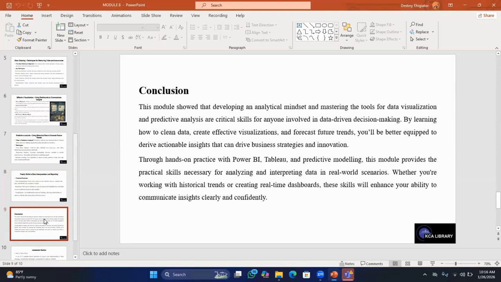Now, in conclusion, this module showed that developing an analytical mindset and mastering the tools for data visualization and predictive analysis are critical skills for everyone involved in data-driven decision making. By learning how to clean data, create effective visualizations, and forecast future trends, you will be better equipped to derive actionable insights that can drive business strategies and innovation.